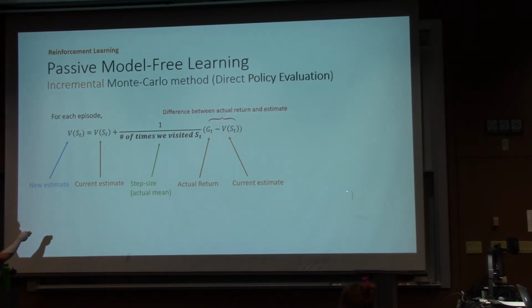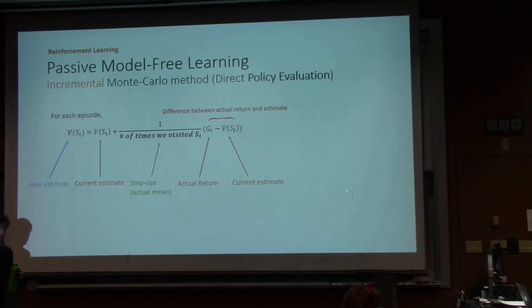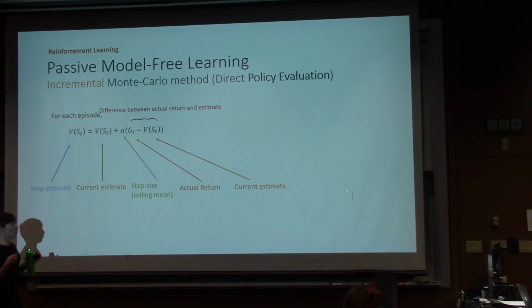And you guys may have seen this, and actually let's take this a step further. So here we have some step size. This is us calculating the actual mean. But notice that for every value of this state, our value estimates are going to get better and better. And yet with this step size, we're going to be giving each new episode's information the same amount of weight, which we don't want to do.